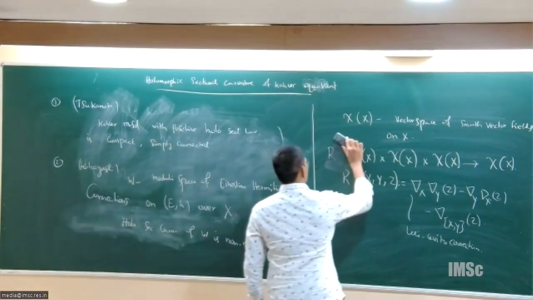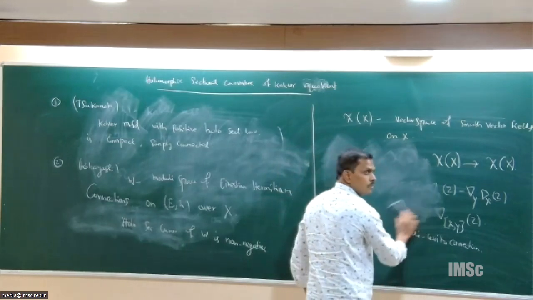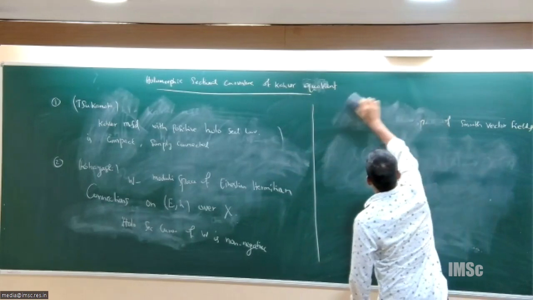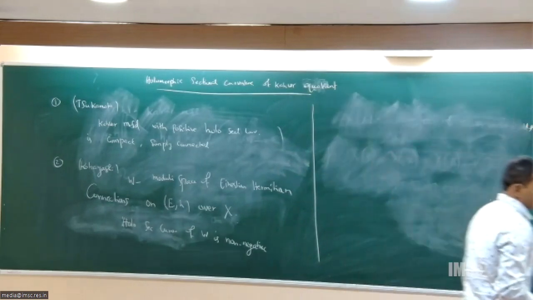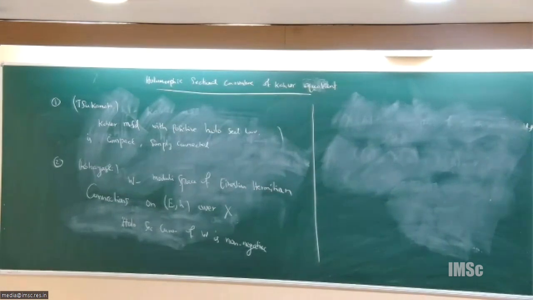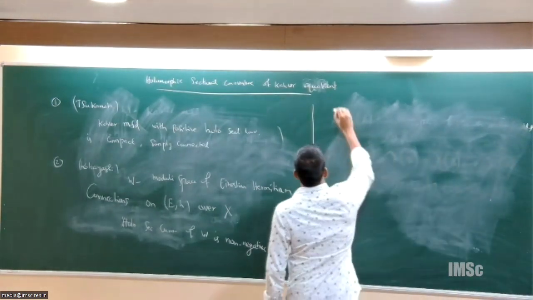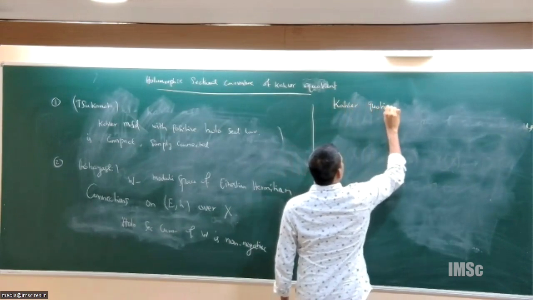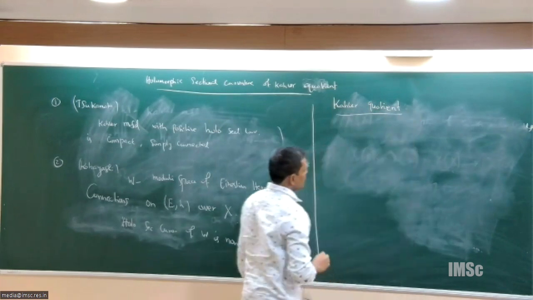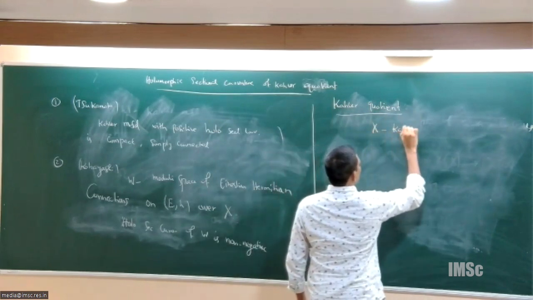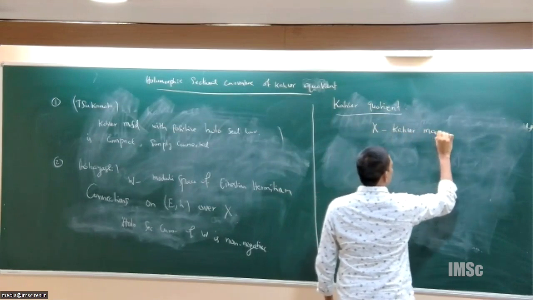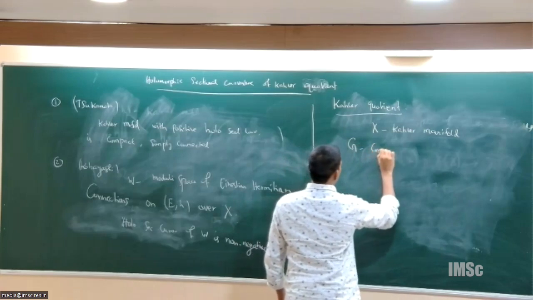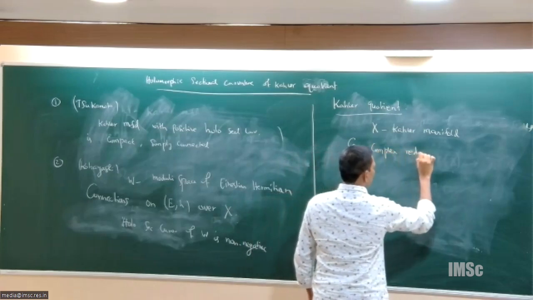So we computed the holomorphic sectional curvature of the Kähler quotient. I will define what is a Kähler quotient. So we are in the following setup. X is a Kähler manifold, and suppose G is a complex reductive Lie group.